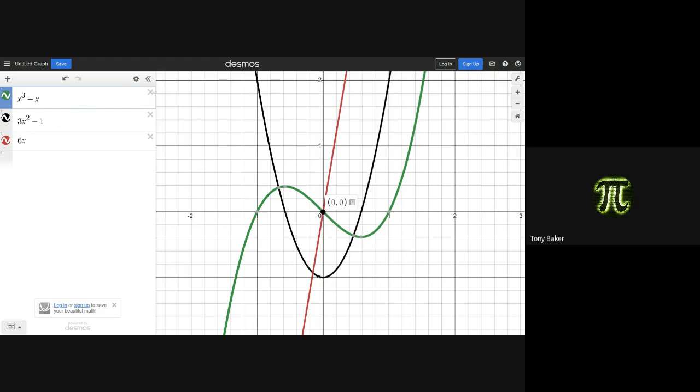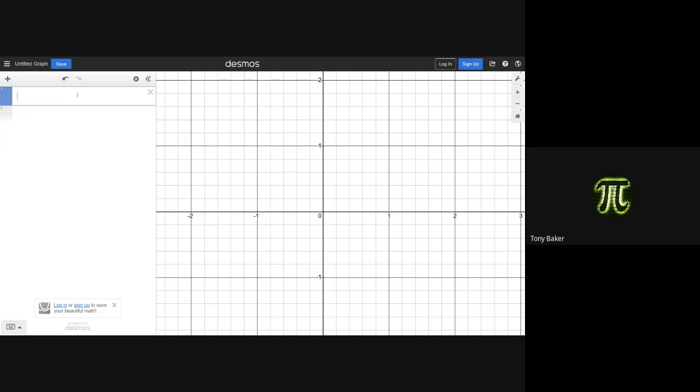So let's look at this equation. All right. What do you think the derivative of this function is going to look like? So remember, derivative is telling you slope, correct? Okay. So what is the slope of this equation?